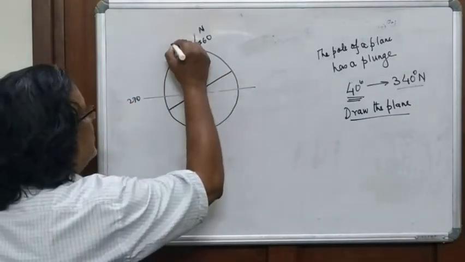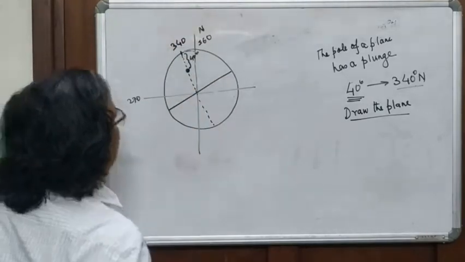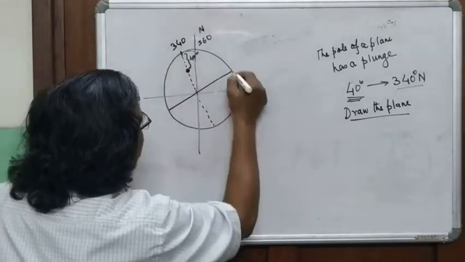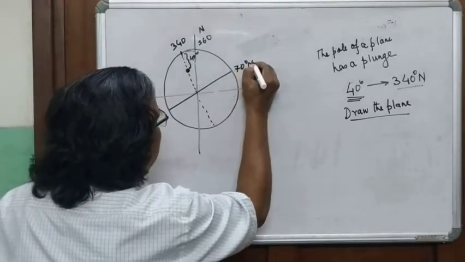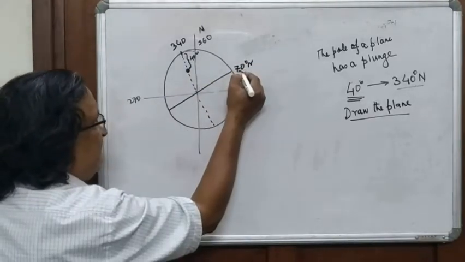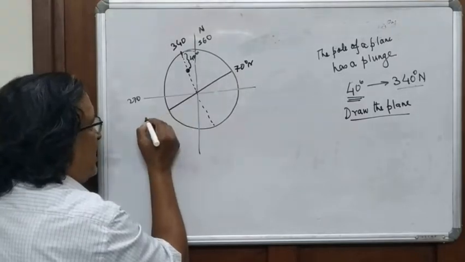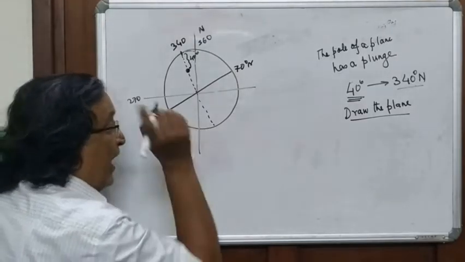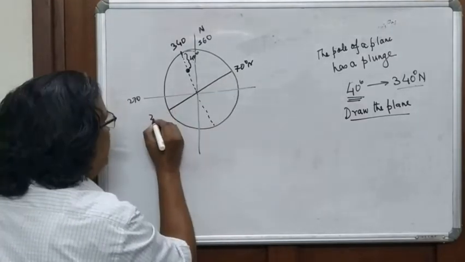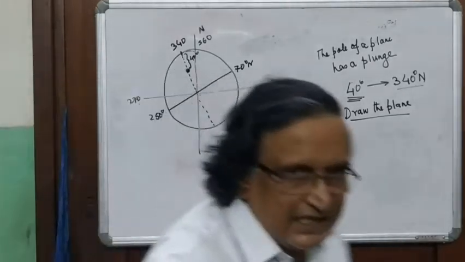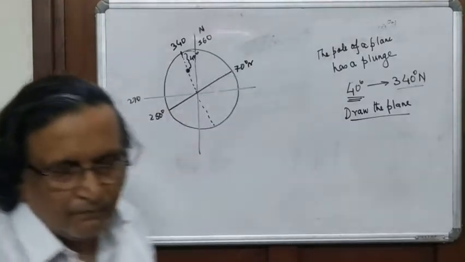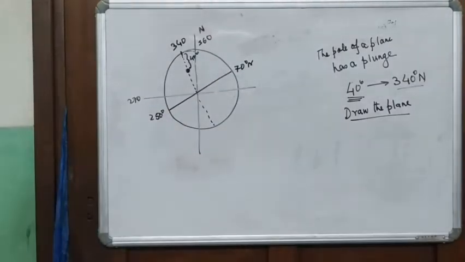So if this is 340, then 90 degrees of this will be 70 degrees north, and this one will be 70 plus 180, that is 250 degrees. So that is the strike line.